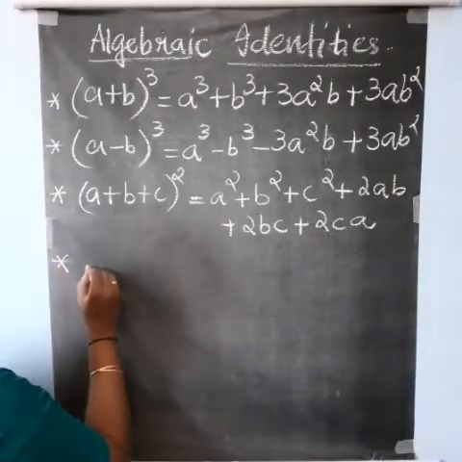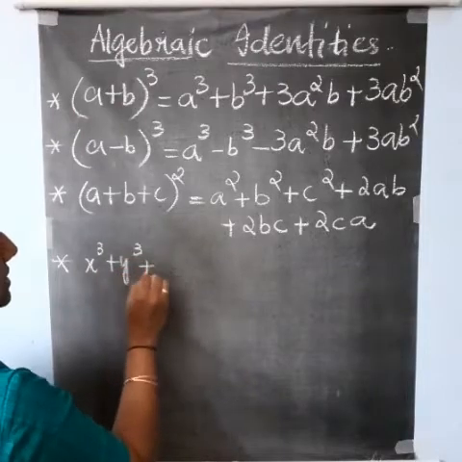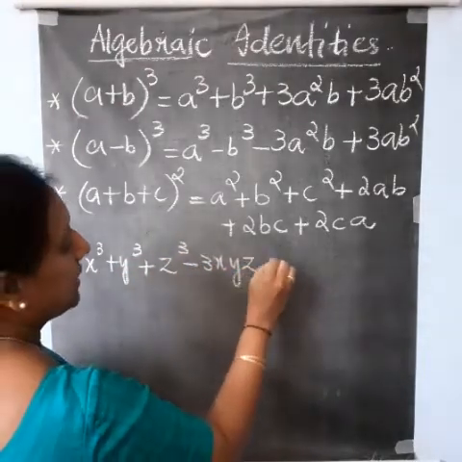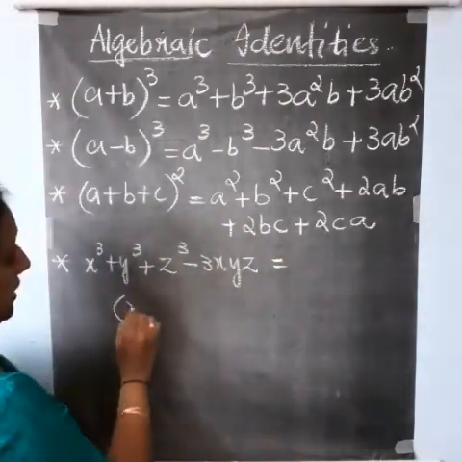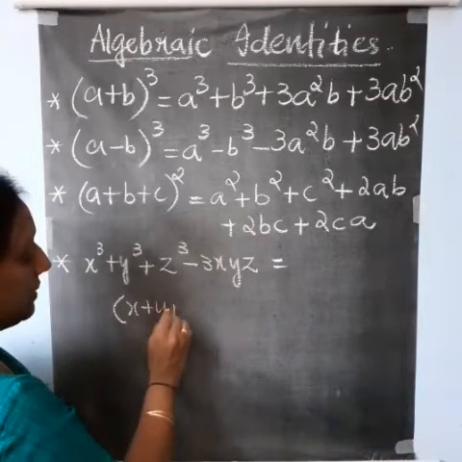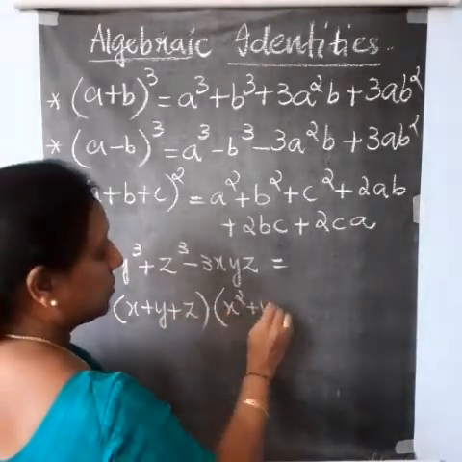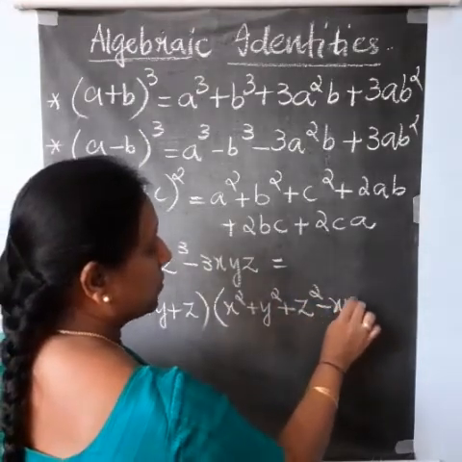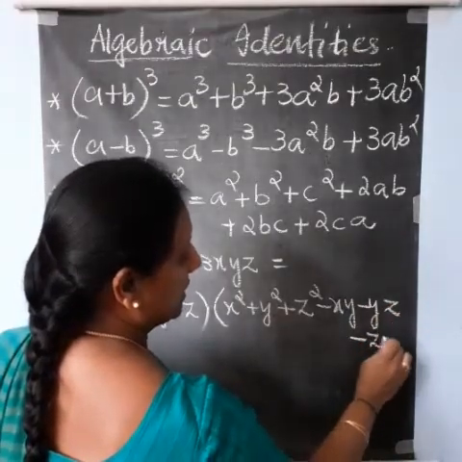like this. You have x cubed plus y cubed plus z cubed minus 3xyz is equal to (x plus y plus z) into (x squared plus y squared plus z squared minus xy minus yz minus zx).